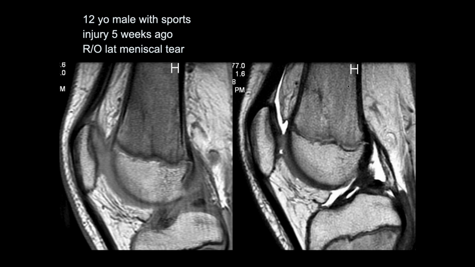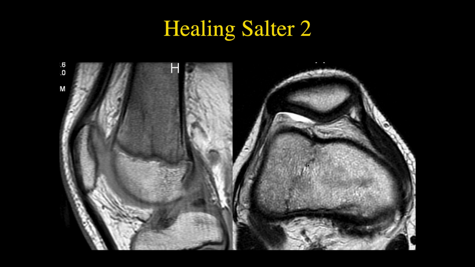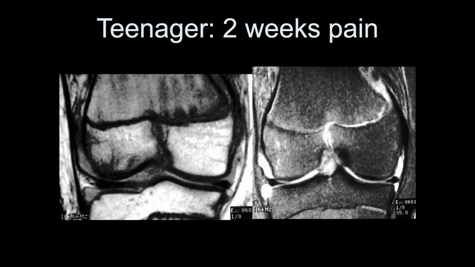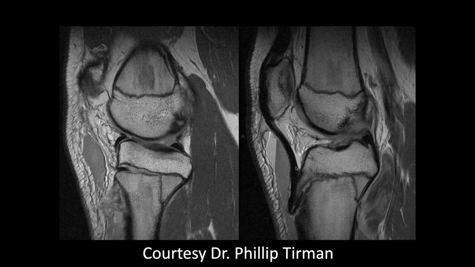Here's that same patient, and you can see the fracture line. To go back to the epiphyseal periosteal invagination, you have to remember that there's an injury to the epiphyseal plate, and so anything can happen.